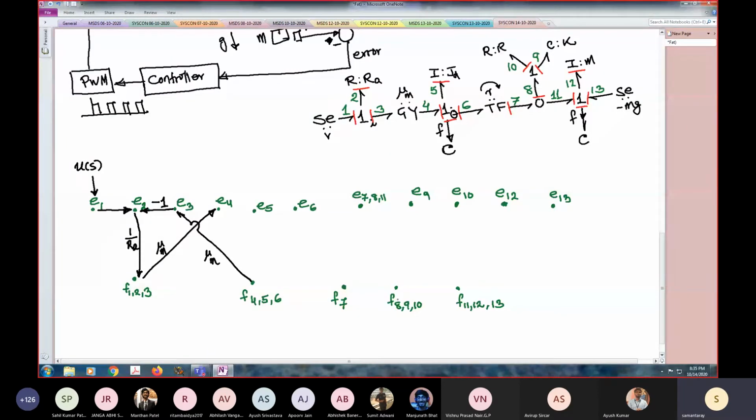E5 is E4 minus E6. So E5, all arrows will be towards E5. It is the strong bond. So E5 is E4, with minus 1 gain here, E4 minus E6.